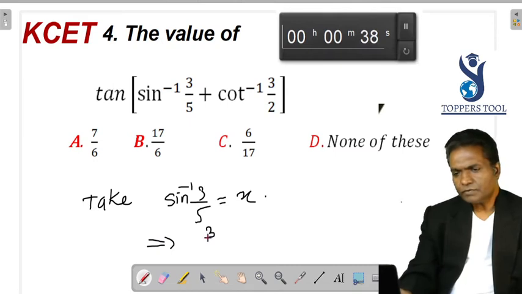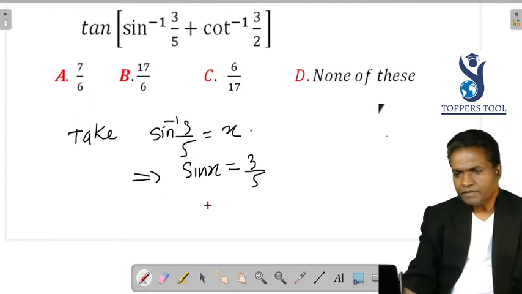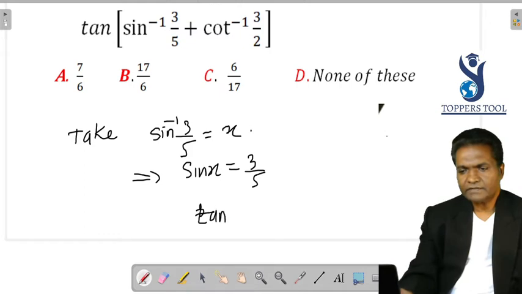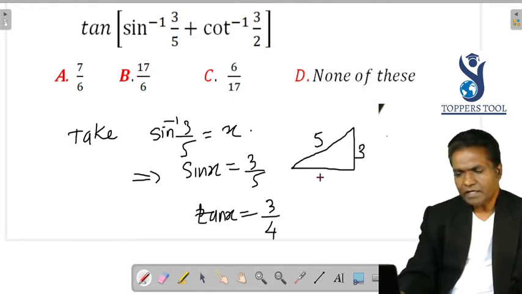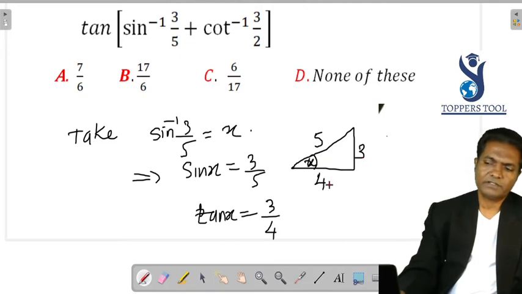That gives you sine x equals 3 by 5, and from this you can calculate tan x. Tan x is 3 by 4, because if you draw a right angle triangle, this is your 3, this is your 5, and the corresponding side is 4 by Pythagoras theorem, and if you apply tan for this, it is 3 by 4.